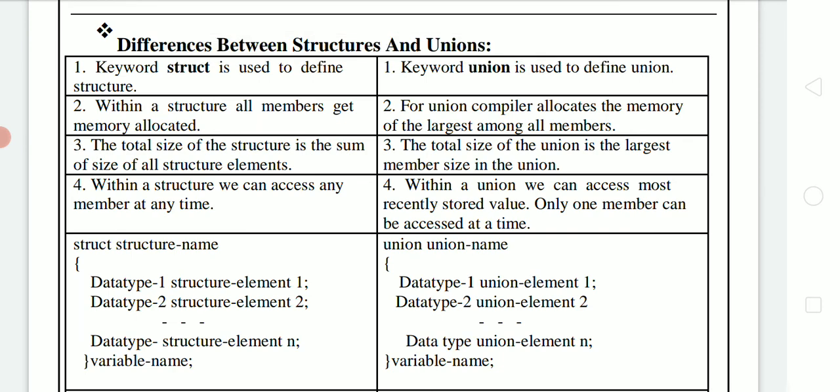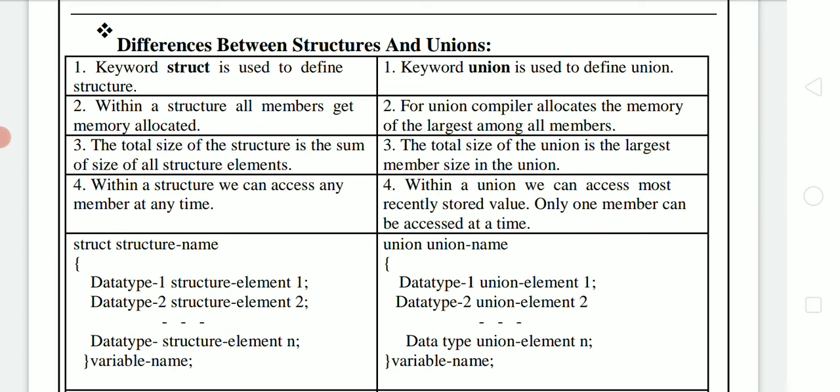For unions the compiler allocates the memory of the largest among all members. We already saw this point in programs, how it assigns the memory in structures and how it assigns the memory in unions. Practically we already saw this.